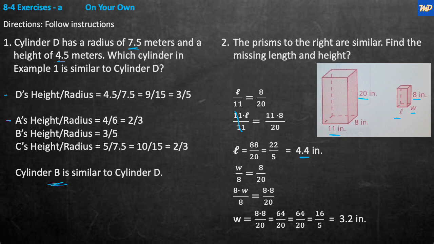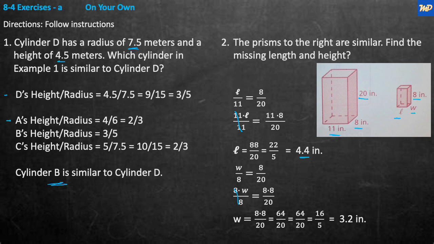Now let's do W. W over 8, well, W is this side measurement here, and this is the side measurement over on this one, 8. They correspond. So it's W over 8 equals 8 over 20. We're using the same back pieces. So now we're going to get rid of the 8s on this side by multiplying both sides by 8.